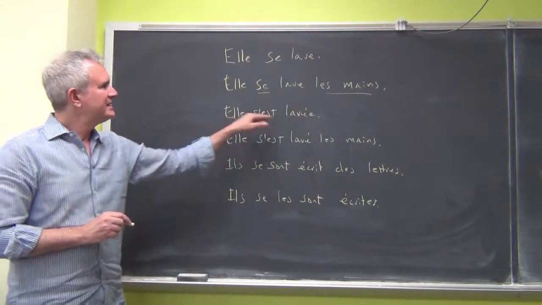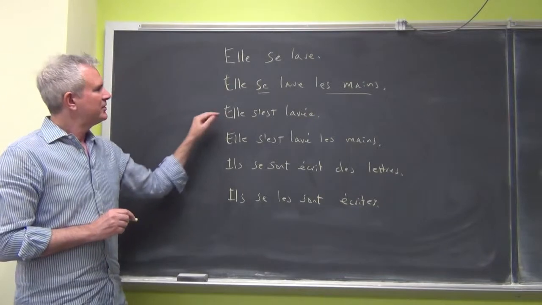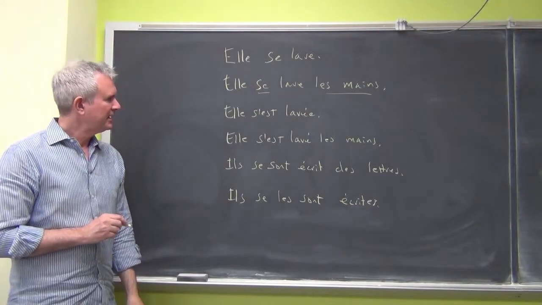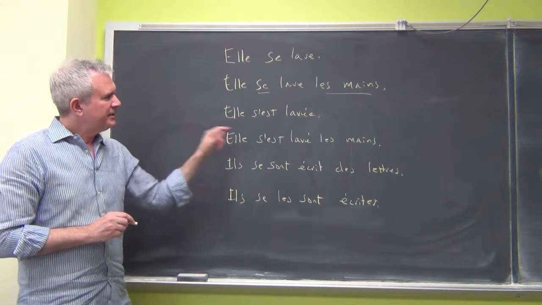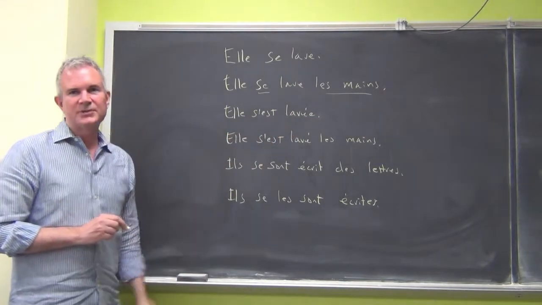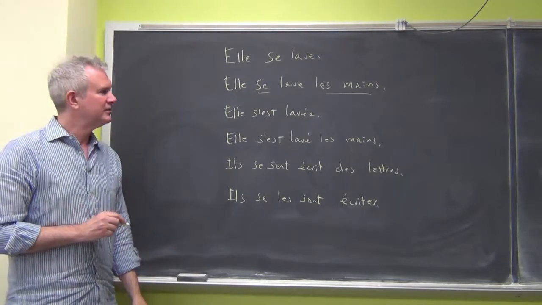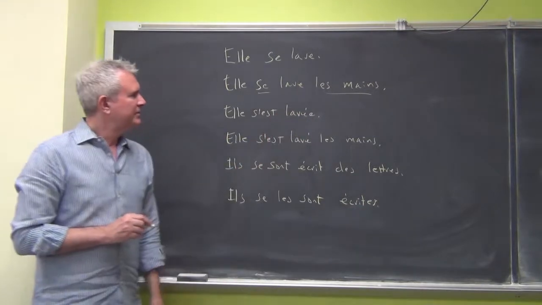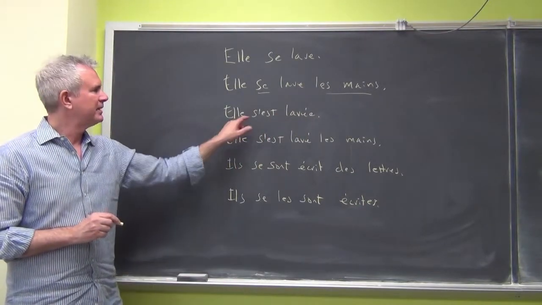And so we get elle s'est lavée. She washed herself, or she washed. The other issue here is that in the past indefinite, with the direct object, we've got an issue of agreement between the past participle and the direct object.